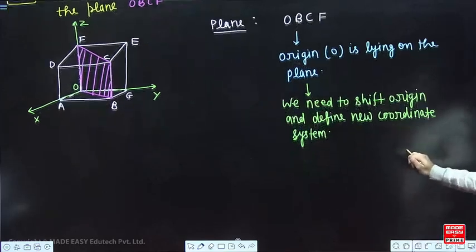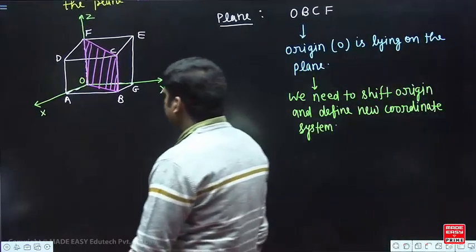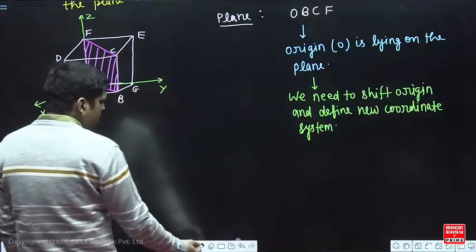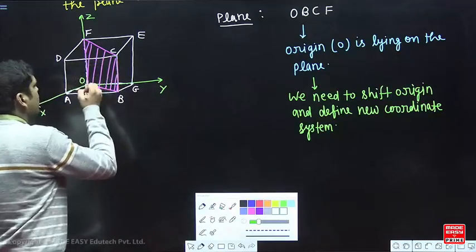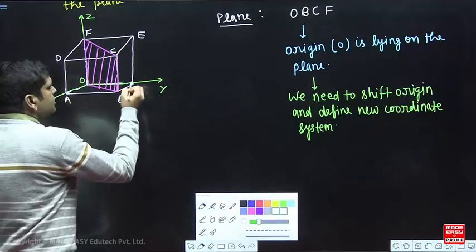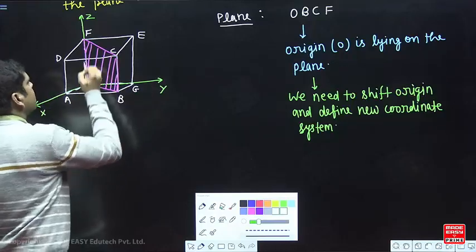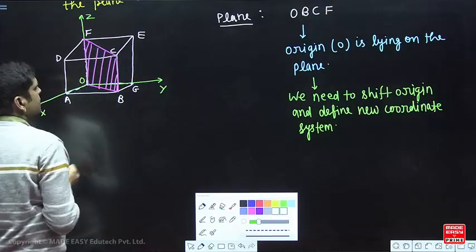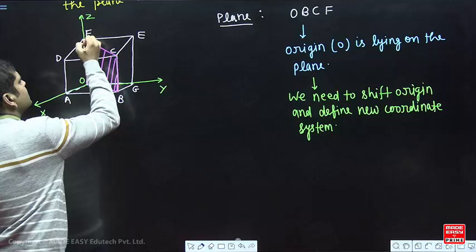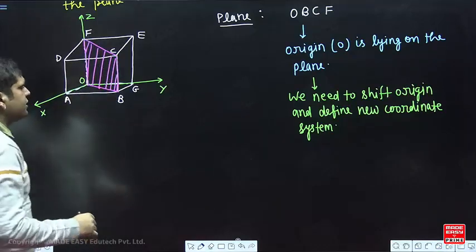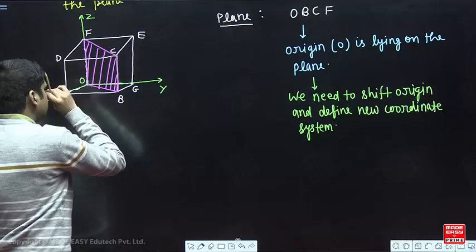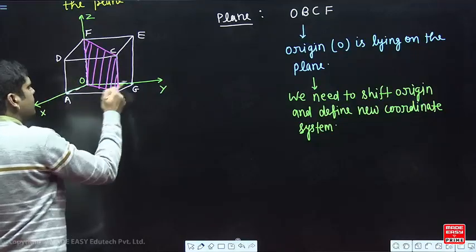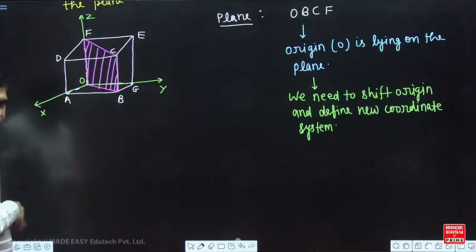Now please shift the origin and define a new coordinate system. We can define a new coordinate system like this. This O can be shifted either at this side or at this side or at this side or at this side. If we go this side, then it will again be on the plane. So we don't want origin to be on the plane. So this side we cannot go. But we can go this side or this side, any side at unit distance.